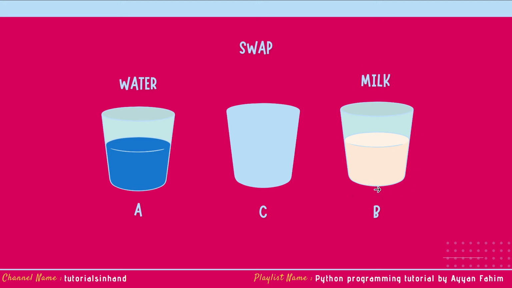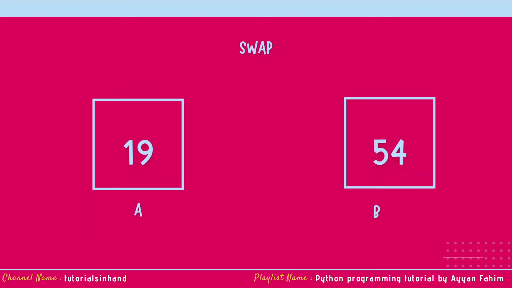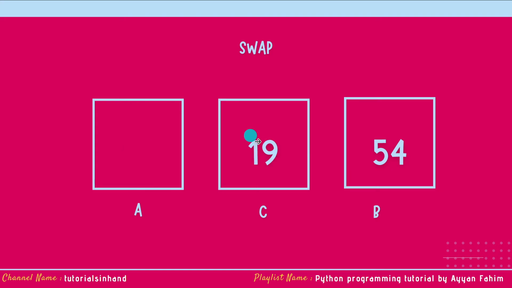Similarly in programming, let's say we have two variables A and B, in which we have two numbers. Let's say A has 19 and B has 54, and we want A to have 54 and B to have 19. With a similar analogy, we will take another variable which would be empty initially, and then place the value of A into C. Now my A is empty.